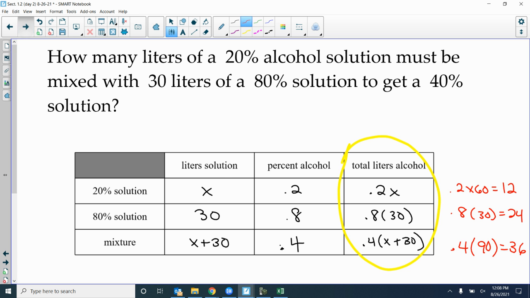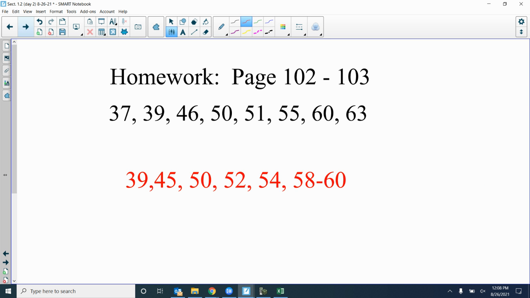All right, here's what you're going to do. Page 102 and 103. I got two different things here. If you got a perfect or you did really well on the quiz and you think this is pretty straightforward, these are a little more challenging. I encourage you to try those. If you're still working through things, go ahead and do the top ones. Some of them obviously share some problems.